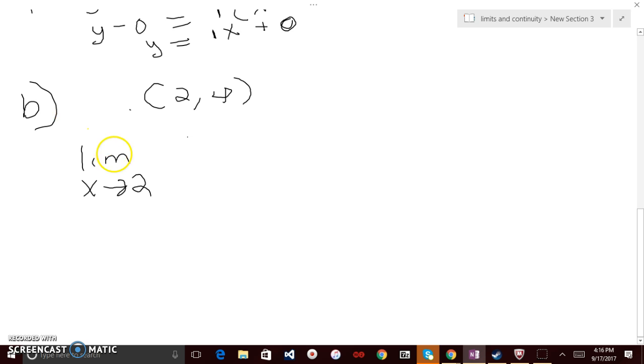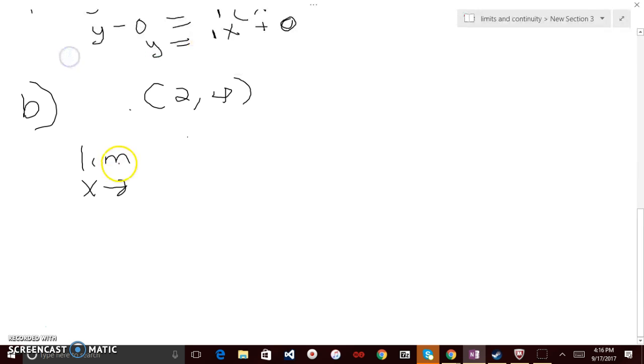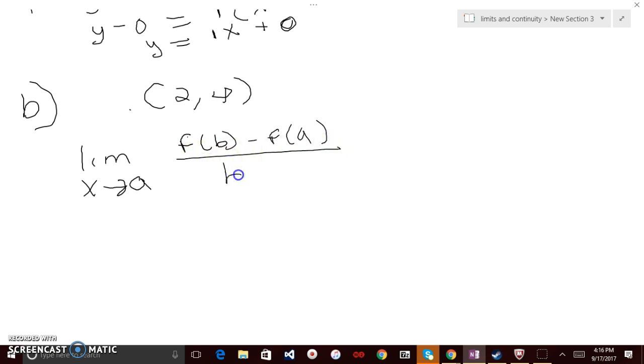So let's get rid of this. So we're going to say the limit as x approaches a, right, of f of b minus f of a divided by b minus a, right?